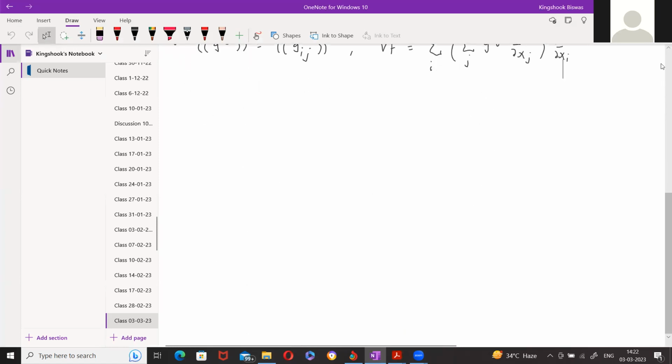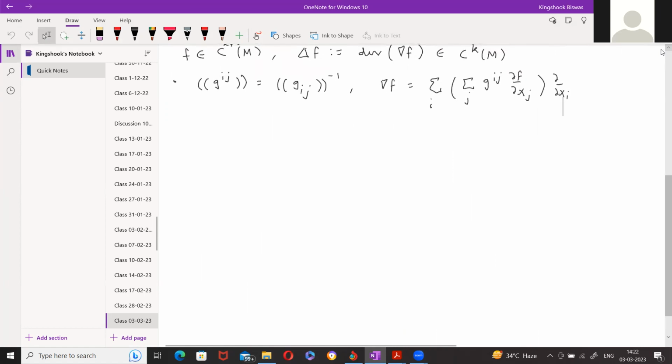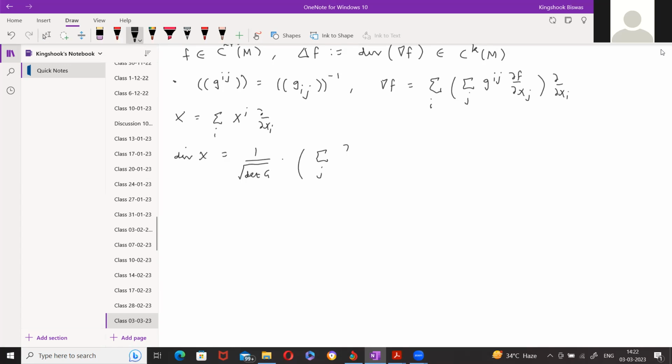So if I use that here, if x is equal to sum over i xi del del xi, then divergence x is equal to 1 over square root determinant g into sum over j del del xj of square root determinant g into xj, right?